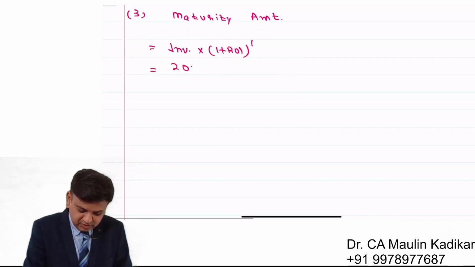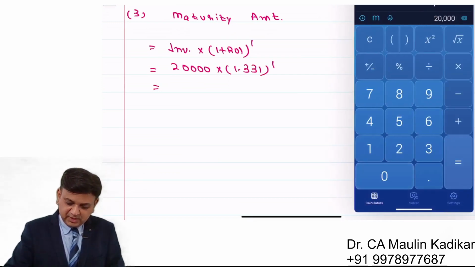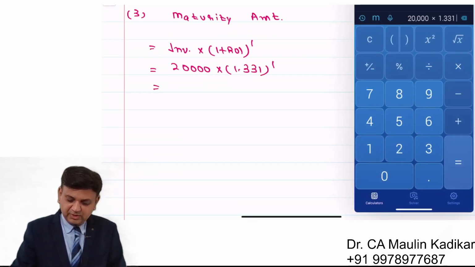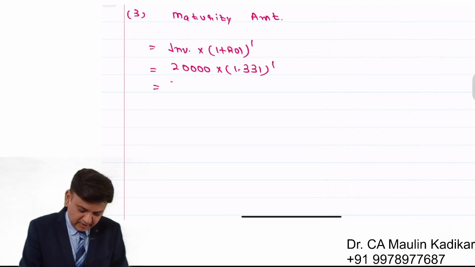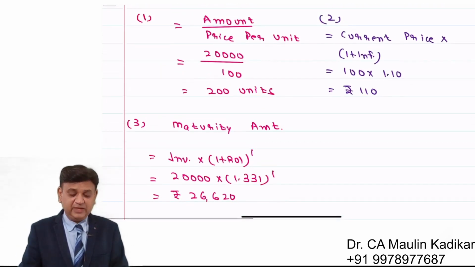Investment is 20,000. Rate of interest is 33.1 percentage. So we understand 20,000 into 1.331. That comes to 26,620. That is the maturity amount that we have.